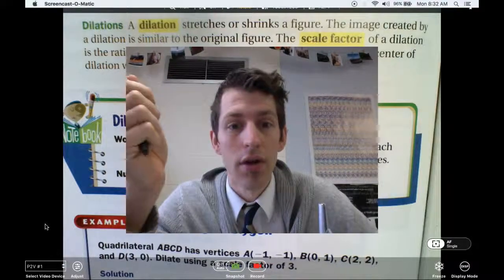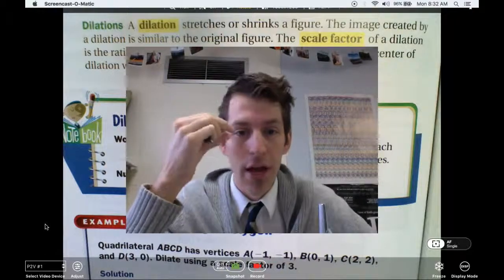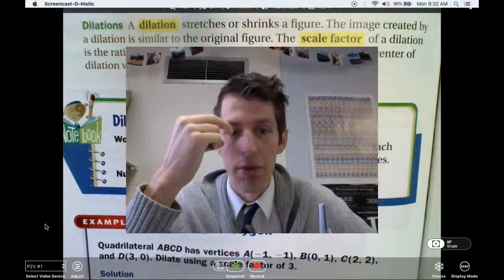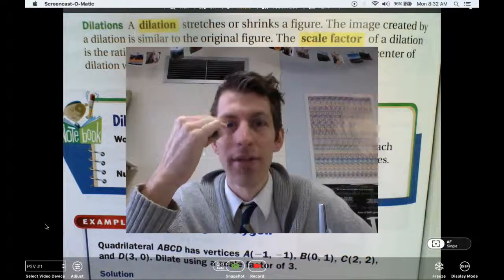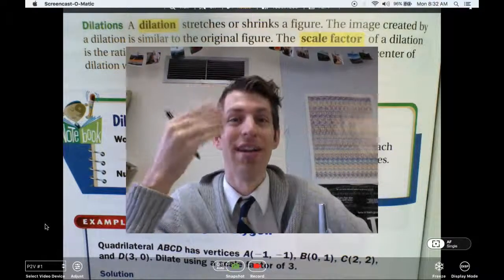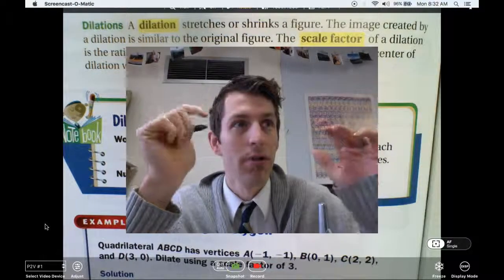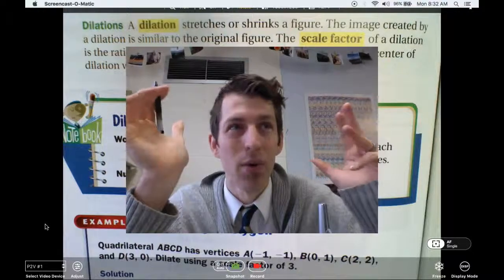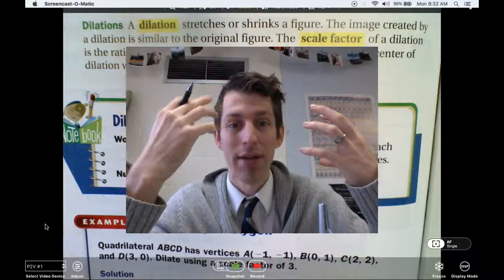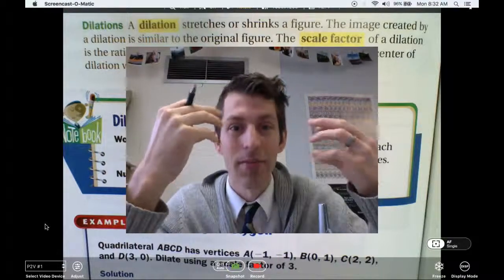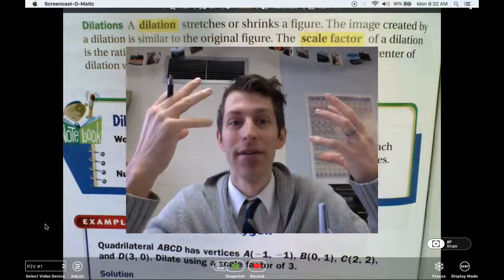If there's a bright light shining in your eye, your pupil will shrink. I believe it's shrink. So it doesn't let all that light hit your eye, right? And then when you come into a dark place where you can't really see well, your pupils will expand. So we call that dilation, shrinking or expanding.